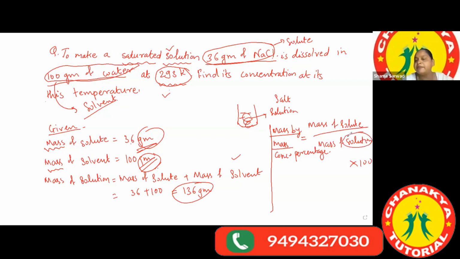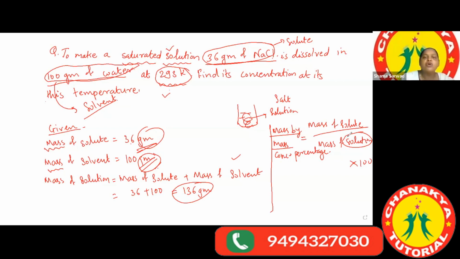Most of the time, many students get confused. Instead of solution, they write solvent. Solvent quantity is different and solution quantity is different. Solution means addition of solute and solvent. If you divide by the solvent, your answer would be wrong.